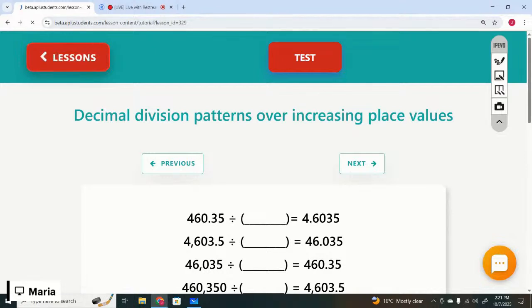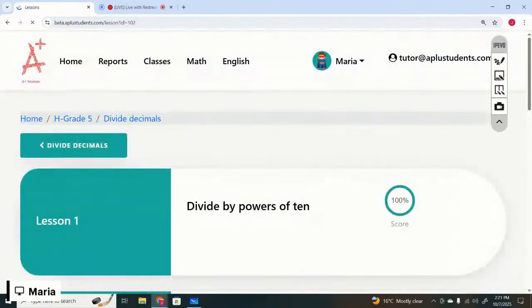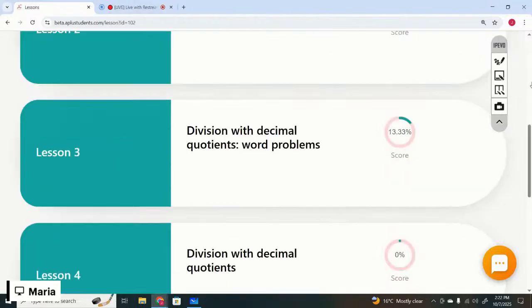The next lesson is the next one, division with decimal quotients, word problems.